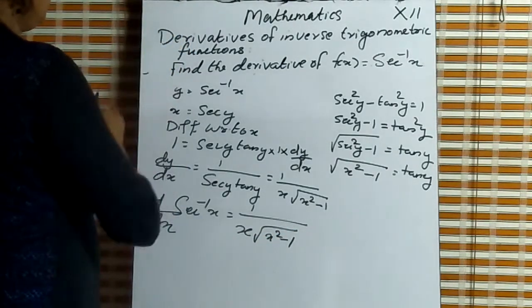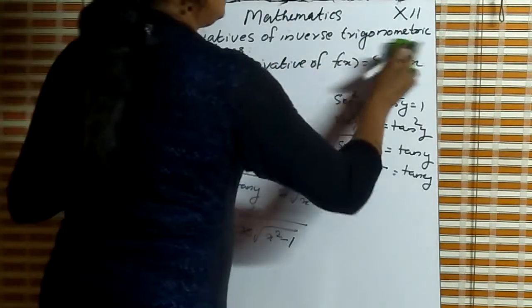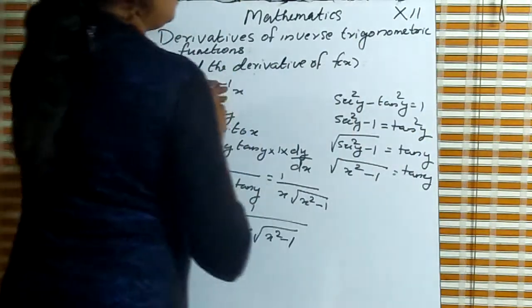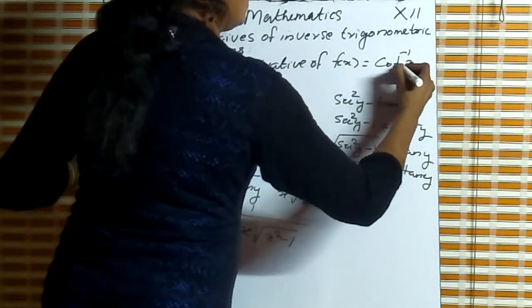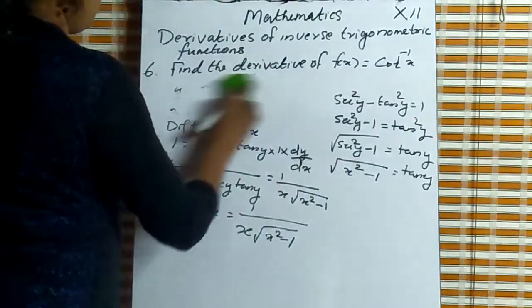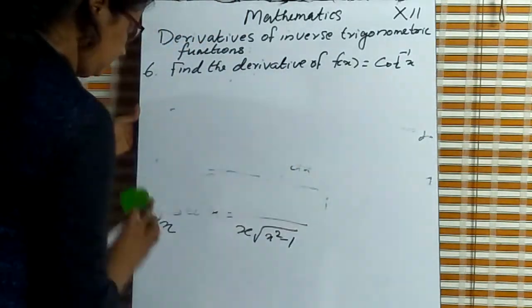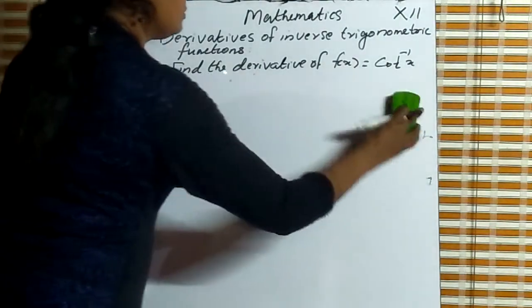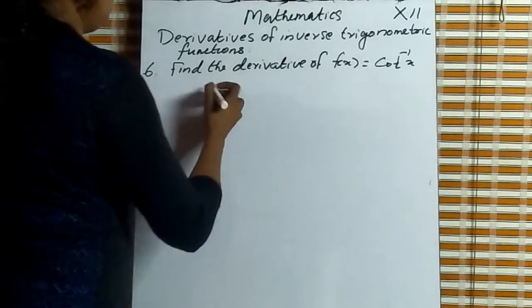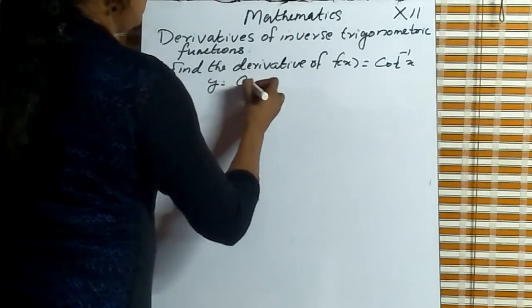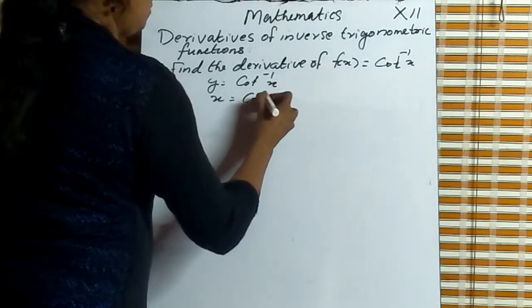Then sixth one, f(x) is equal to cot inverse x. y is equal to cot inverse x. x is equal to cot y.